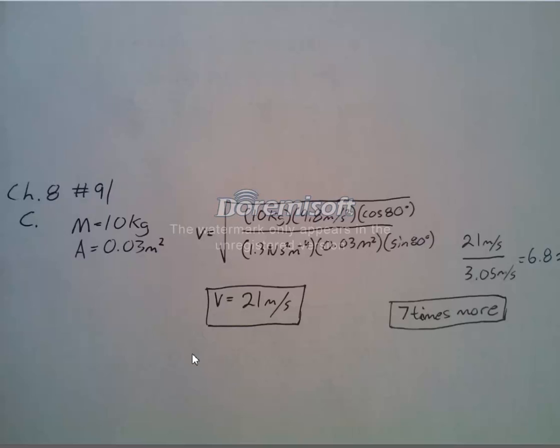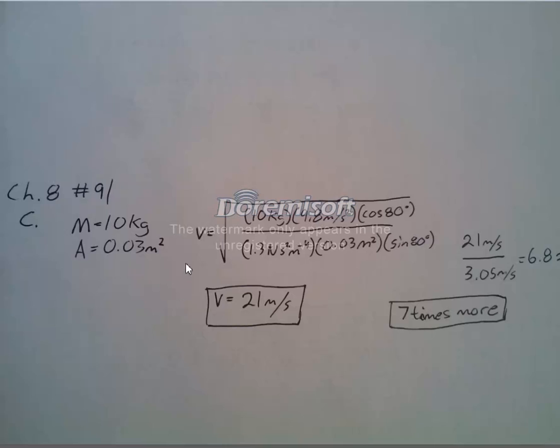Alright, so Part C of the problem asks us, so there's a dog, sorry, hold on. It's comparing a dog's wind resistance to a fly's wind resistance, sorry. So it tells us the mass of the dog is 10 kilograms, and it tells us the cross-sectional area of that dog is 0.03 meters squared.